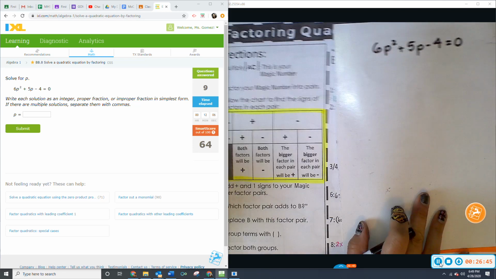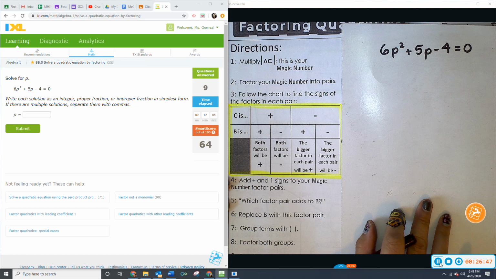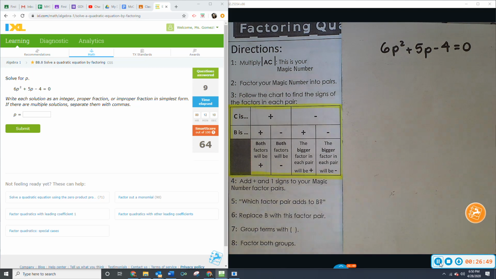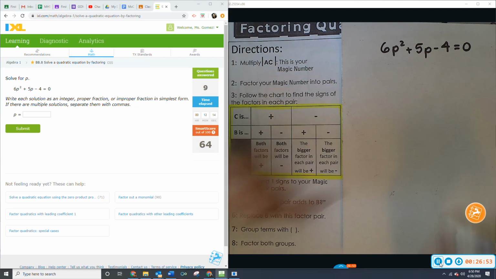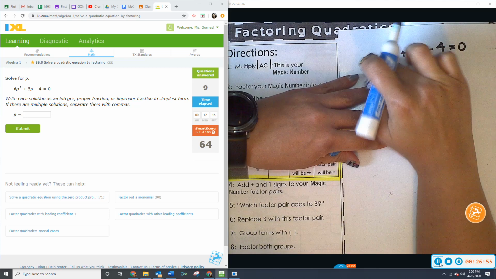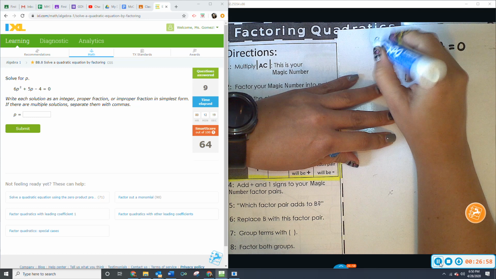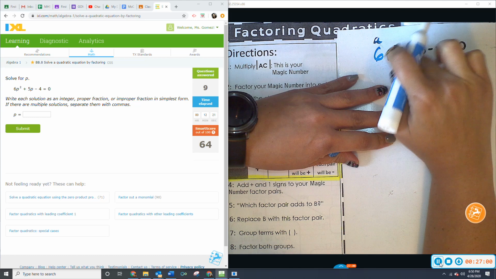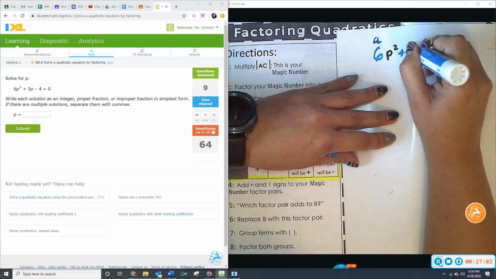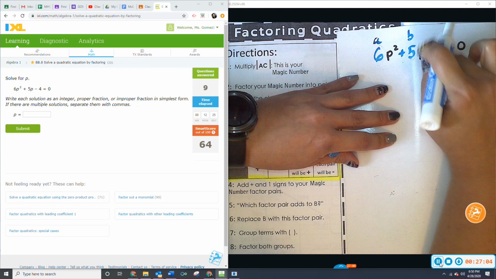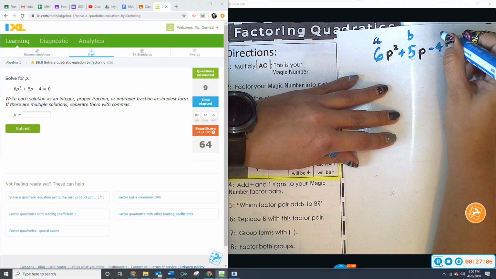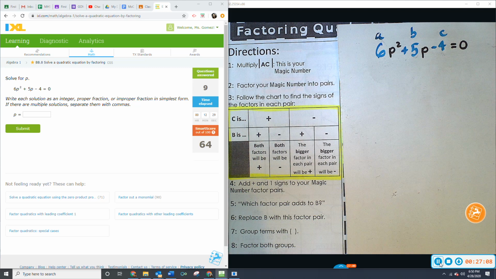Alright. So, here we go. We're going to go ahead and multiply 6 and 4. Sorry. Identify your A, B, and C. So that is A, B, and C. Again, this is all stuff that we've gone over before.